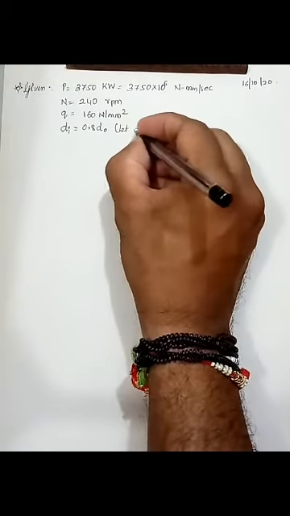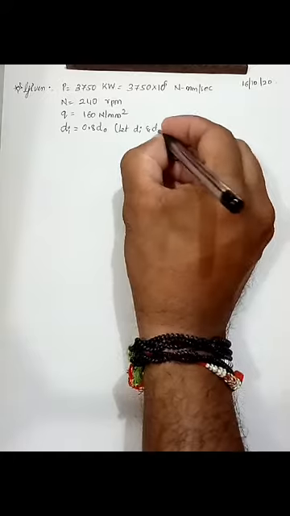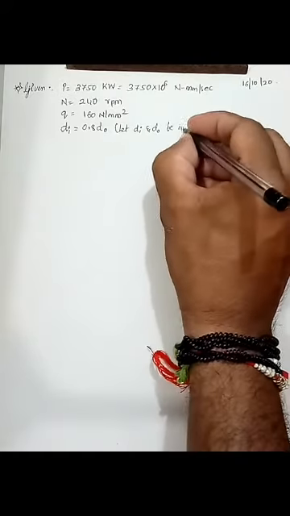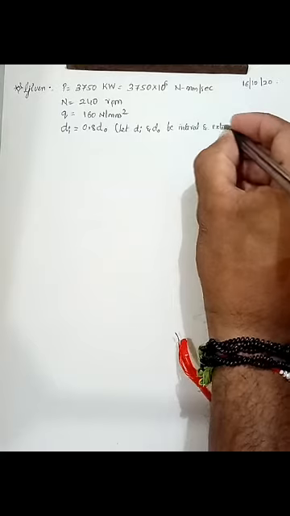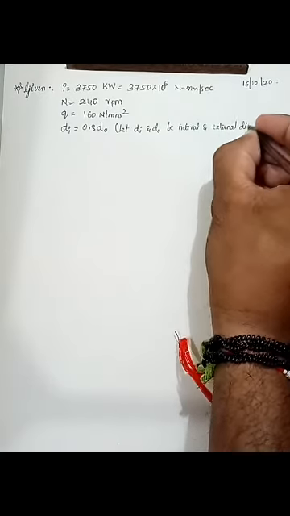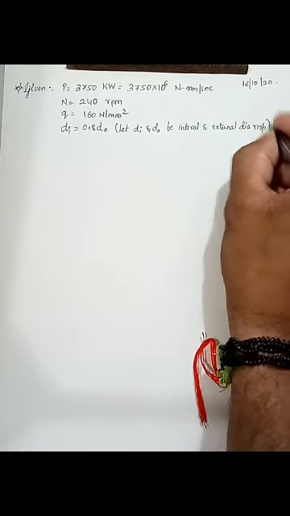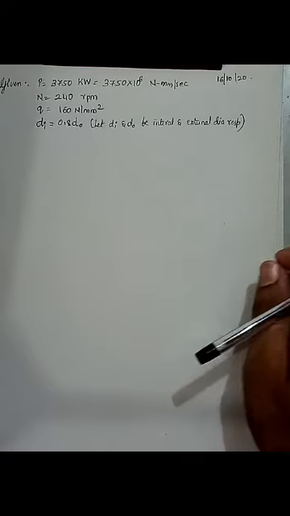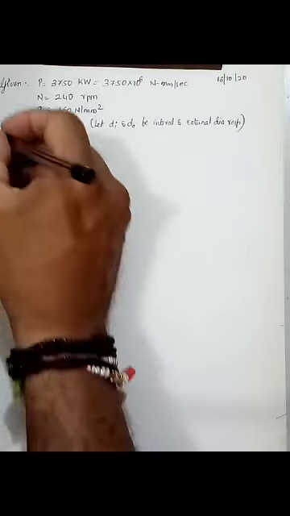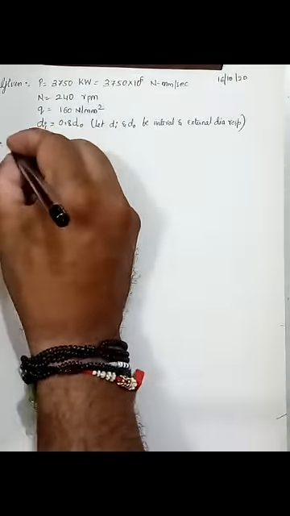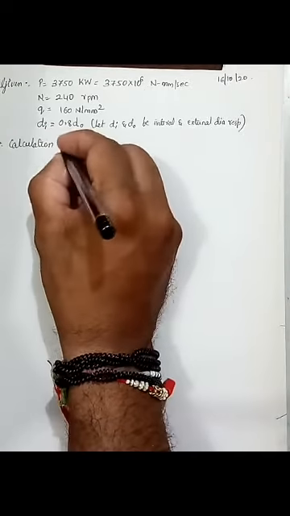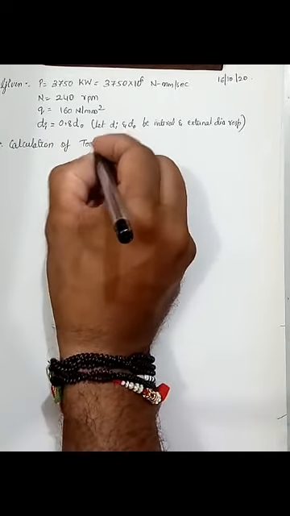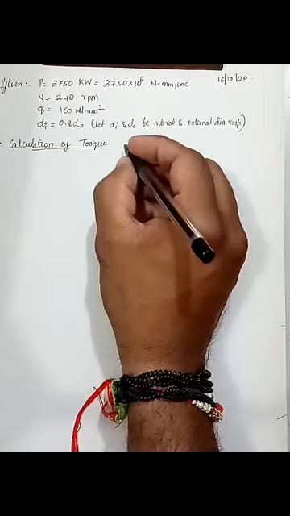Let di and do be internal and external dia respectively. Okay, so now we can go for calculation of torque first. Calculation of torque or torsion T.